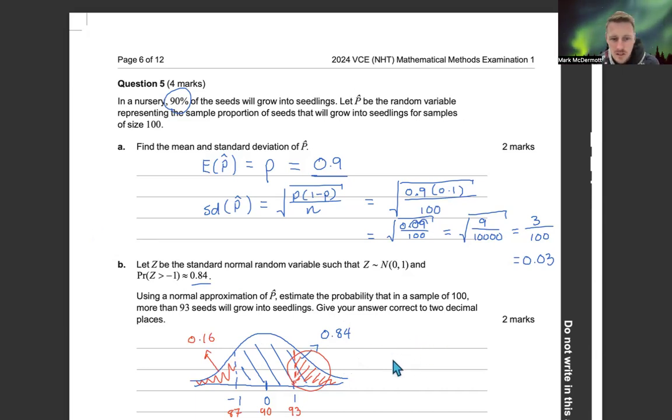But I feel like I didn't do enough calculations there. So I'm going to say that the probability that p hat, in a sample of 100, more than 93 seeds. That p hat is a random variable, the sample proportion. I'm a bit sketchy on how to do the notation. Let me think.